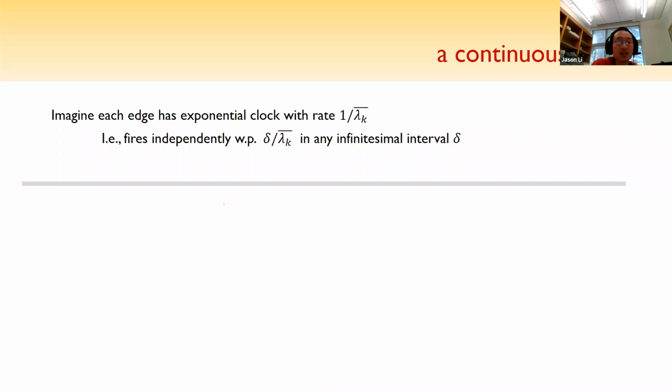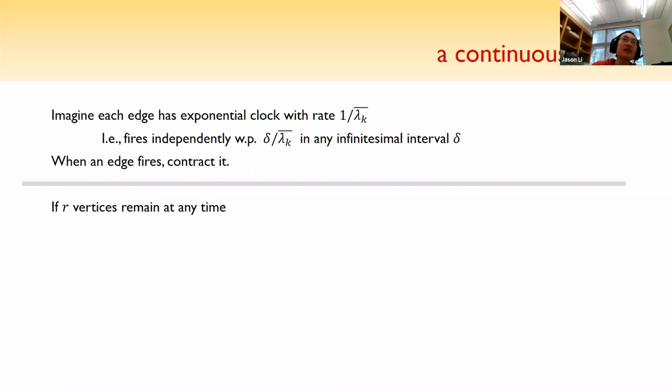So now let's repeat the Karger-Stein analysis. To develop some more intuition, let's repeat it with this independent, continuous view of the contraction process. Suppose there are r vertices remaining. Then by the previous Karger-Stein analysis, there are at least r times lambda k bar over 2 edges remaining in the graph.